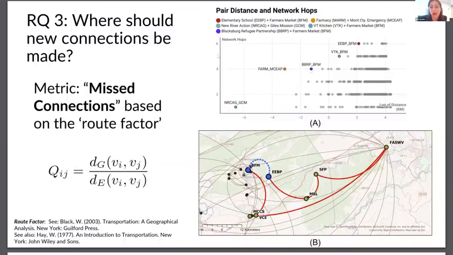So how many network hops does it take to get from one node to another, which is not geographic at all, it's just in the sociogram, versus the log of distance between the two nodes. When we look at our results, we want to know which edges between organizations have a lot of hops between them but are quite close geographically.